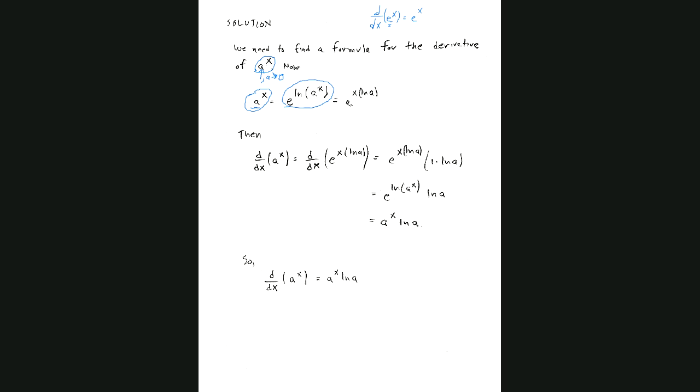Because we know how to find the derivative of e to the x power, and we know the chain rule. Remember, the log of a to the x power can be written as x times the log of a using the log rules.